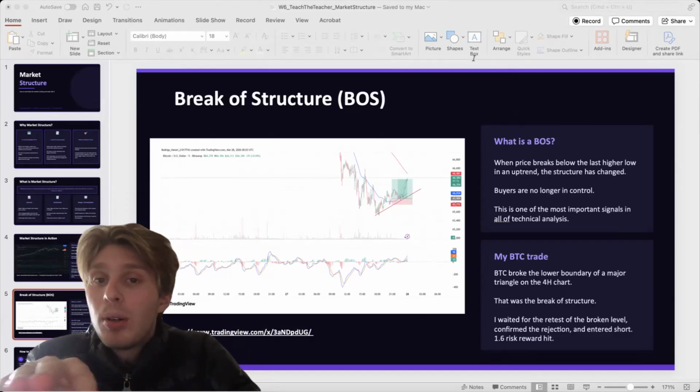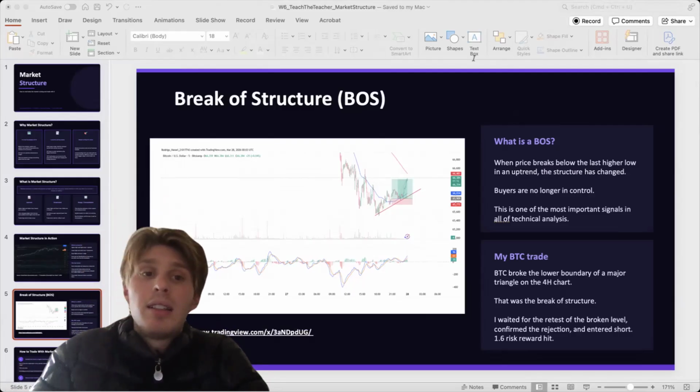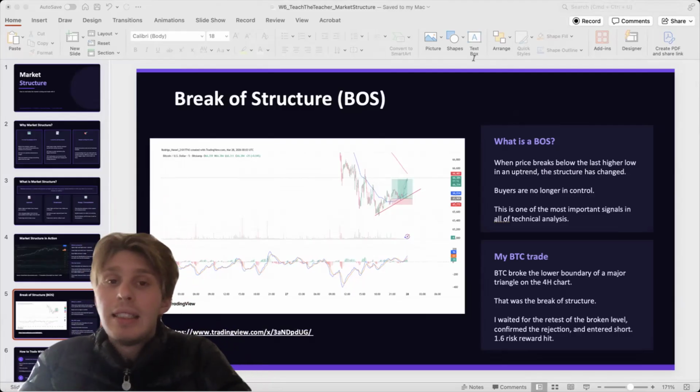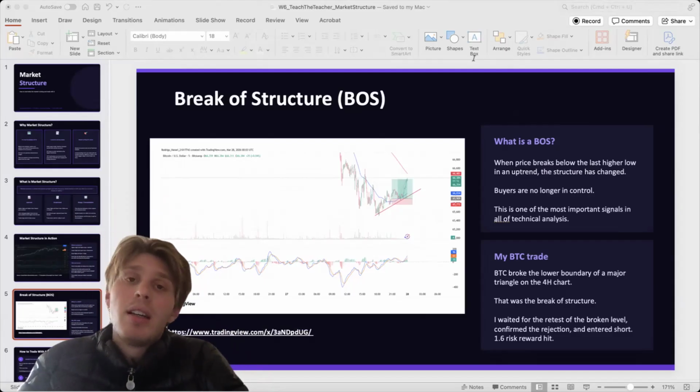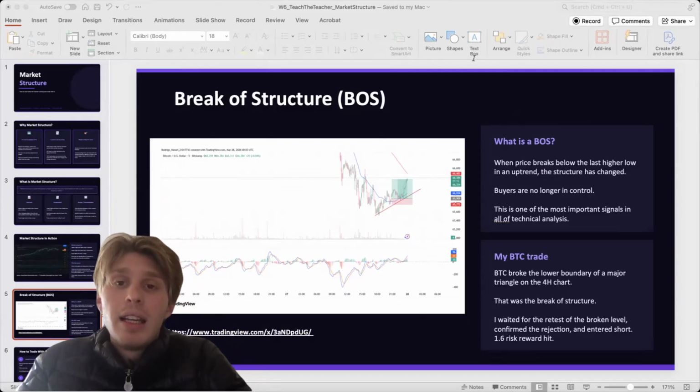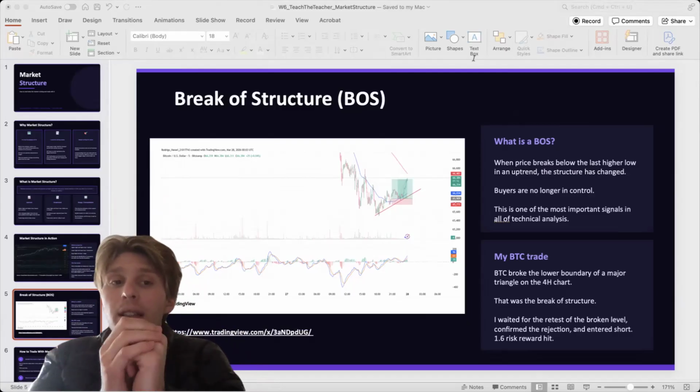But then the price broke below the last higher low, and that is the break of structure that I analyzed. So the buyers in this case didn't have control anymore, and the trend has changed from that point.